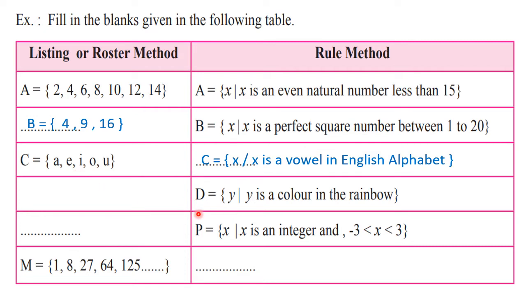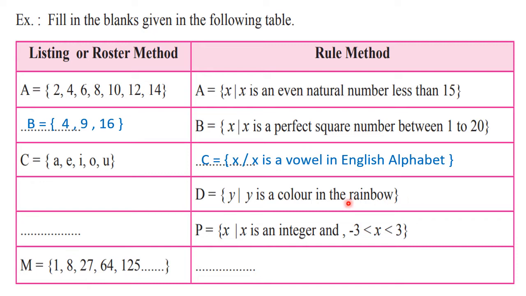Let us go further. In next example, the rule method is given and we have to convert it to listing method. So read the question here. D is a set of all Y such that Y is the color in rainbow. So colors of rainbow all of you know.